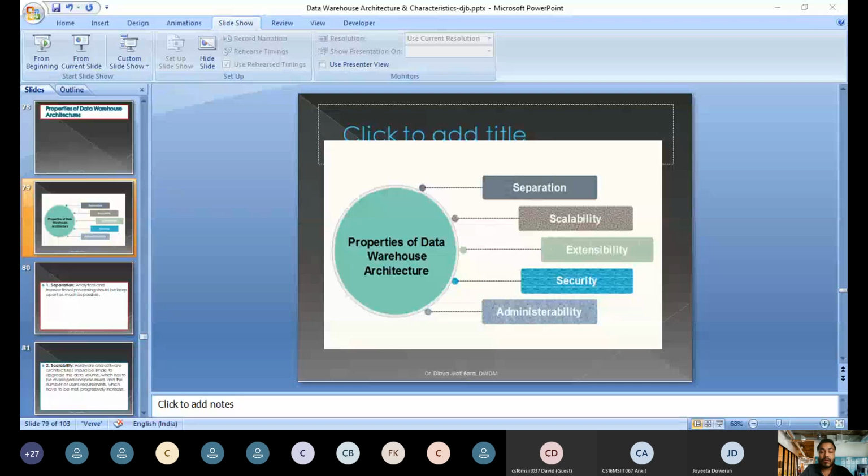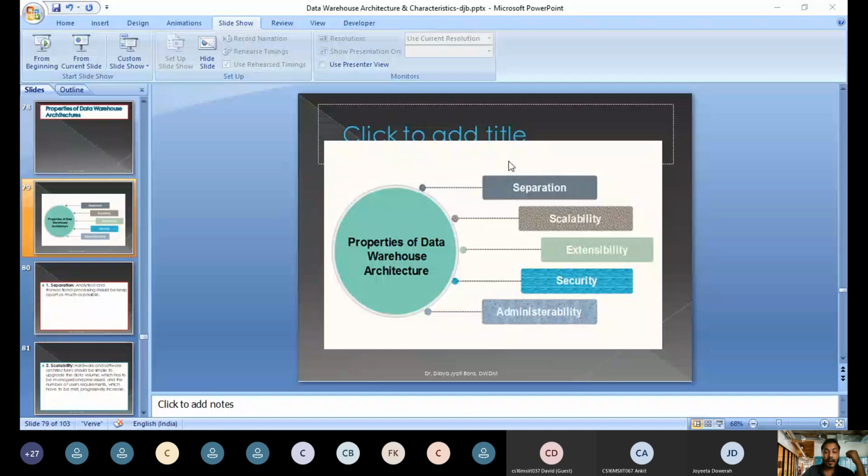You all know that security should be implemented because these data are very important and confidential with respect to that particular company. Then the next property we have is administrability. So data management should not be complicated. That is what this property says. So overall, we have seen separation, scalability, extensibility, security, and administrability as the properties of data warehouse architecture.